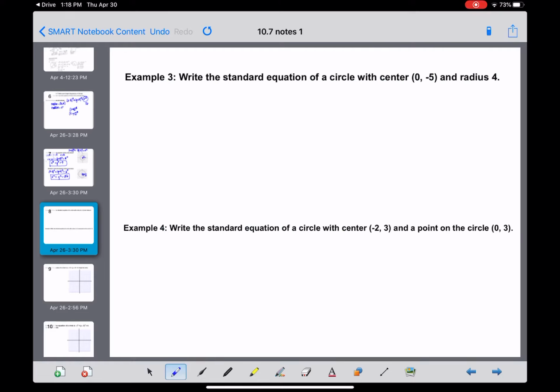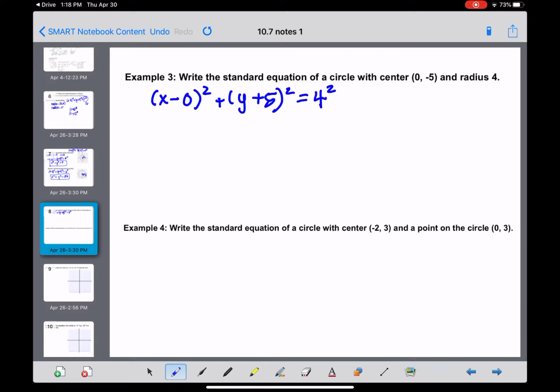Okay, the next one, we are just given the center and the radius. So we're going to plug those in. So (x - 0)^2 + (y - (-5))^2, which becomes a plus 5, equals the radius 4 squared.